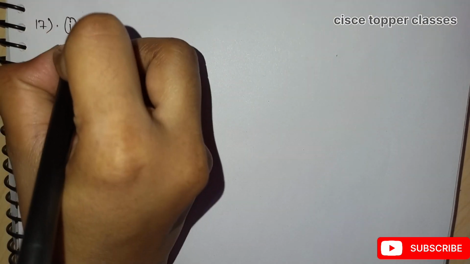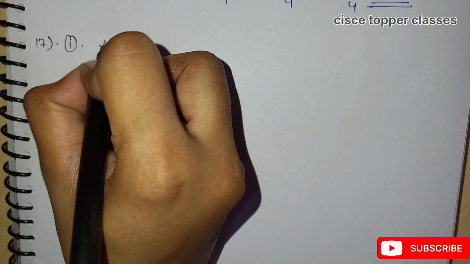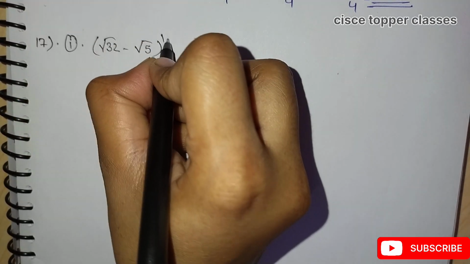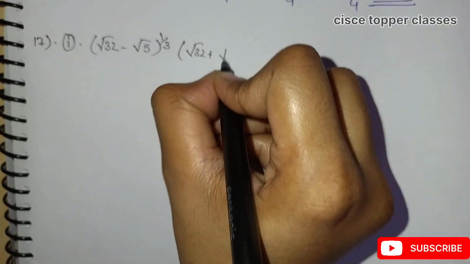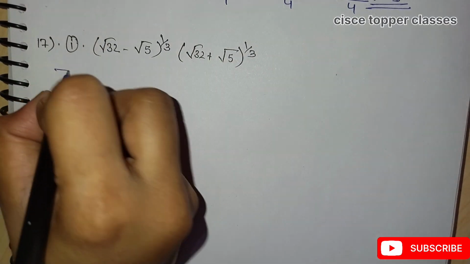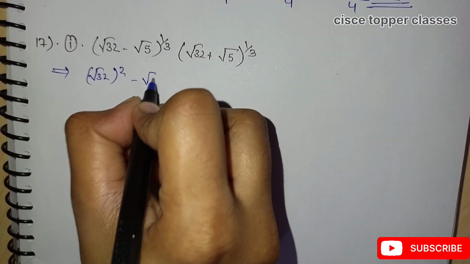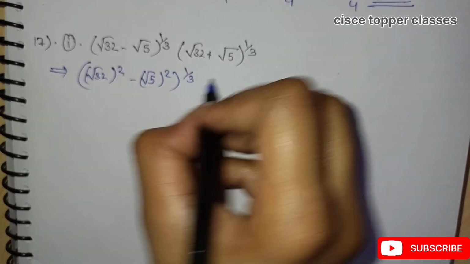Now let us solve here 17 first part, which is under root 32 minus under root 5, the whole power 1 by 3, and here under root 32 plus under root 5, the whole power 1 by 3. This we can write as root 32 whole square minus root 5 whole square, here 1 by 3.